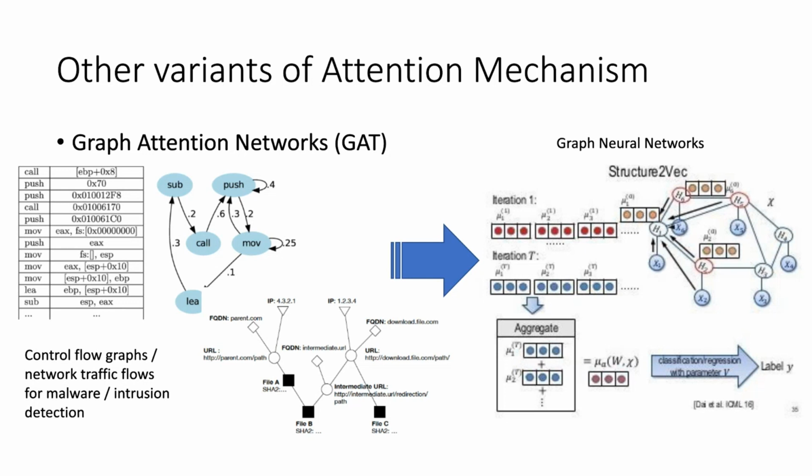One thing we can do is use a graph neural network, and it's pretty straightforward. For each node, you might have some information. For example, this node may present a specific API call or some specific memory address, so nodes can contain attributes.